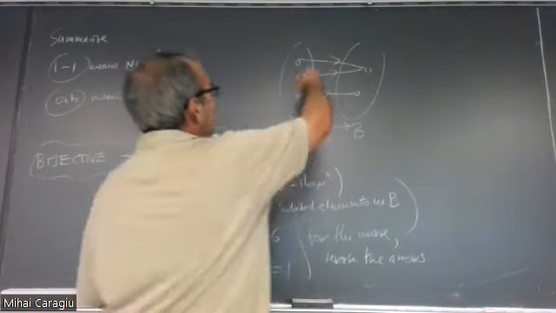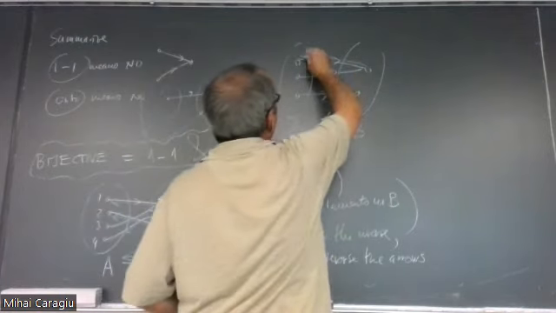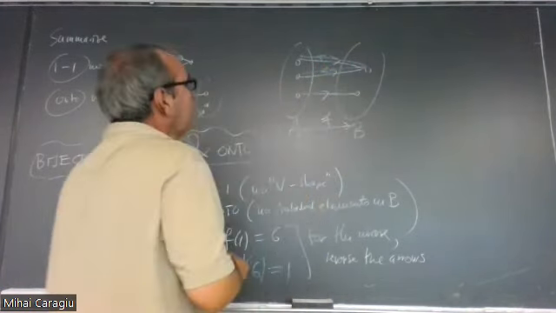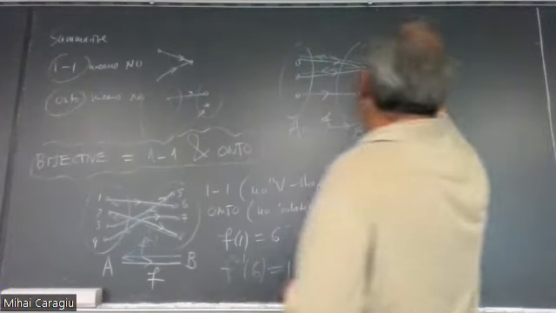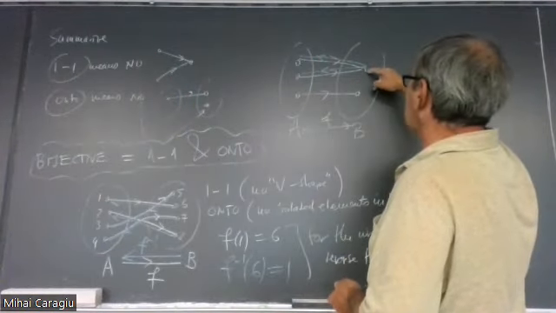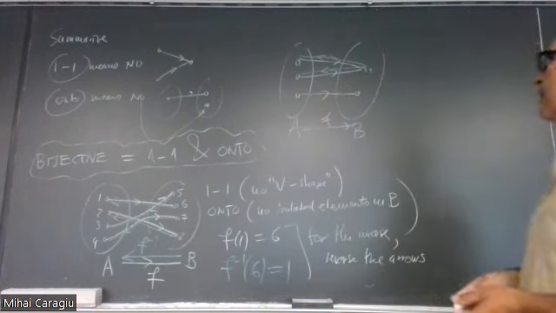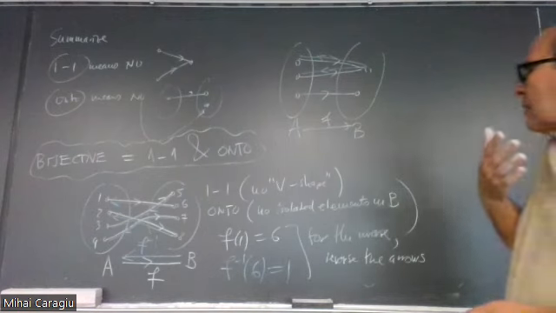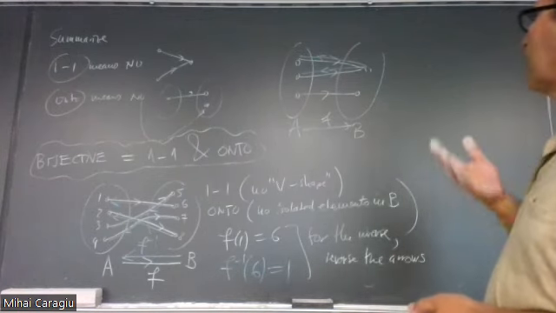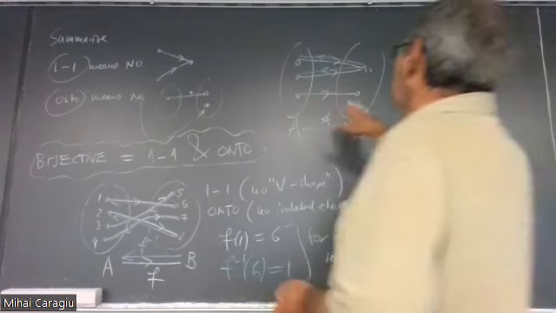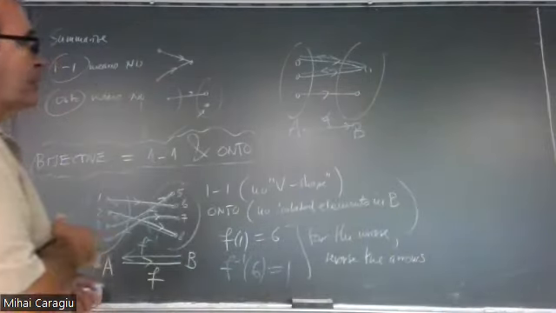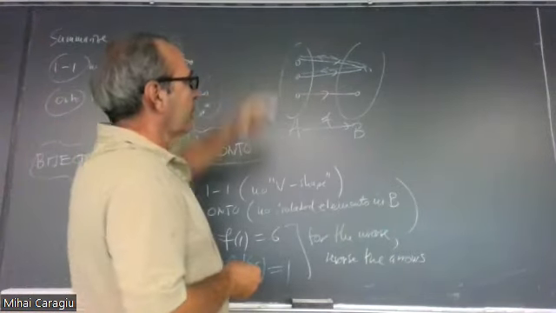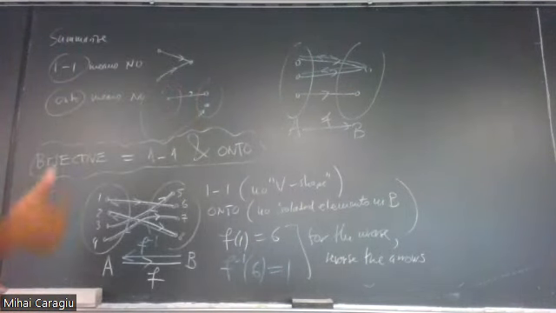But if we reverse the arrows, this is not a function, because reversing the arrows from these elements in B associates 2 elements in A, so this cannot possibly be a function. Reversing the arrows will not produce a function, but we'll see later it will produce a relation. So it is impossible to reverse the arrows and get a function from B to A. That function is not invertible because, first of all, it is not one-to-one. To be invertible, the function must be both one-to-one and onto.